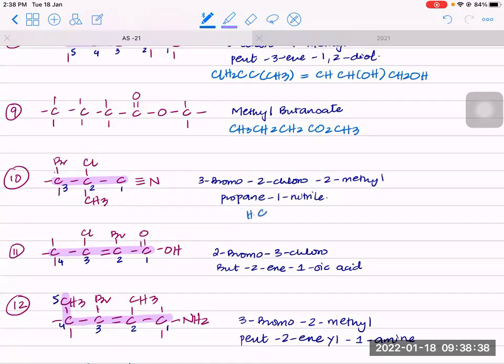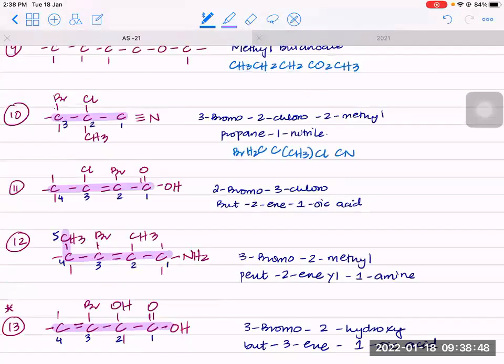Yes. Then there is C bracket CH3Cl, and then there is CN. Number 11 is CH3, Cl, double bond, CBr, and then you have a CO2H.